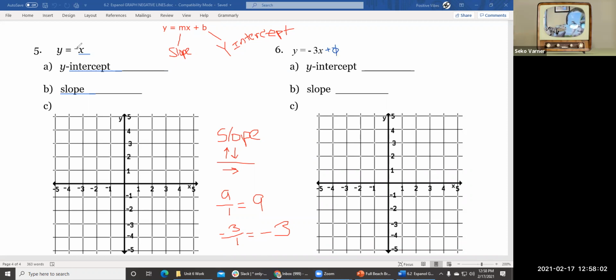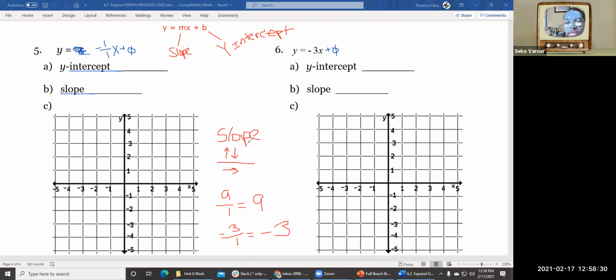Okay. Looking at this one, number 5, y equals -x. Well, I don't see the plus b, and I don't see anything in front of the x. It is really -1/1x plus 0. All right. So when you see a negative x, it's actually a -1/1x.